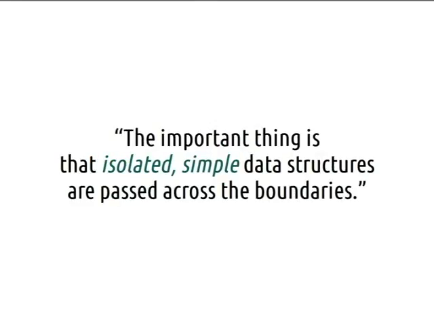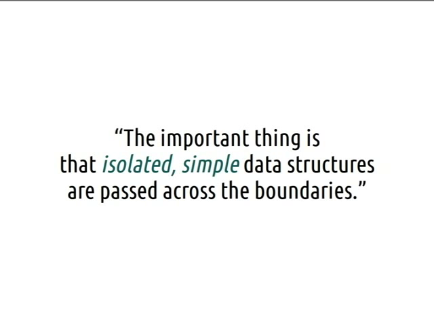The important thing is that isolated, simple data structures are passed across the boundaries. This is the key. I had somebody come up to me and argue that, well, wait a minute, we can do this with an n-tier architecture. And we talked about that for a minute, and then I realized, yeah, you can do this. If you want to use an n-tier architecture, you can do the same thing. It's kind of just a different layering.